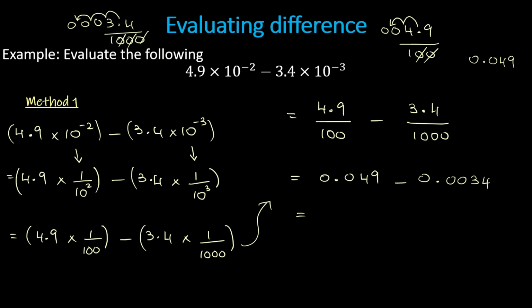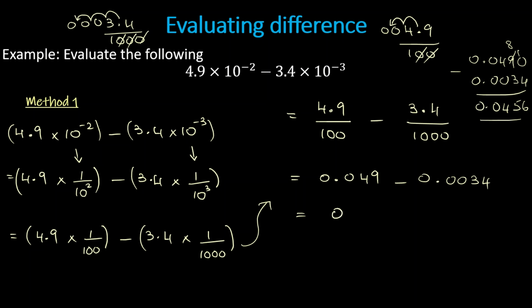All I have to do now is I subtract 0.0034 from 0.049. Include a 0 here. Let us subtract. This is 8. 10 minus 4, 6. 8 minus 3 is 5. 4 minus 0, 4. 0, 0.